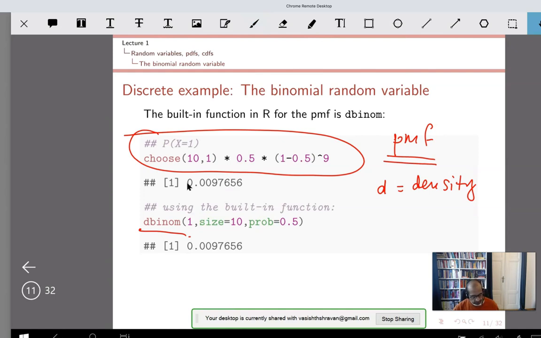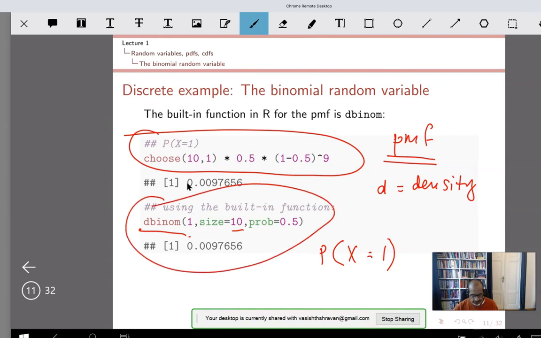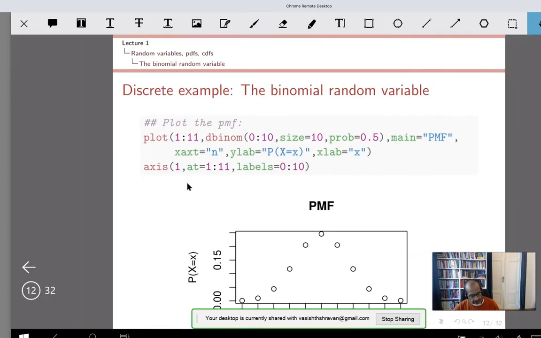If you want to know the probability of observing exactly 1 head in 10 coin tosses, you can do that with this command here. I will explain in a moment why this probability mass function is called a dbinom function.